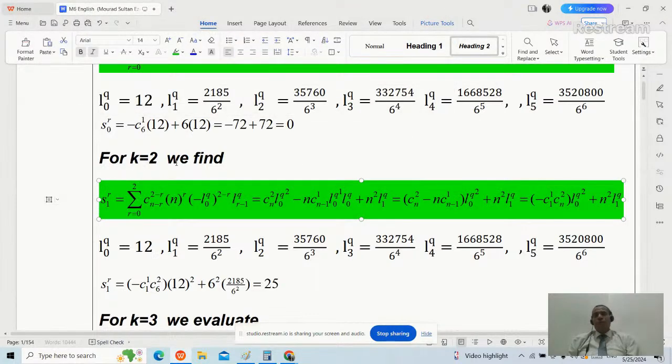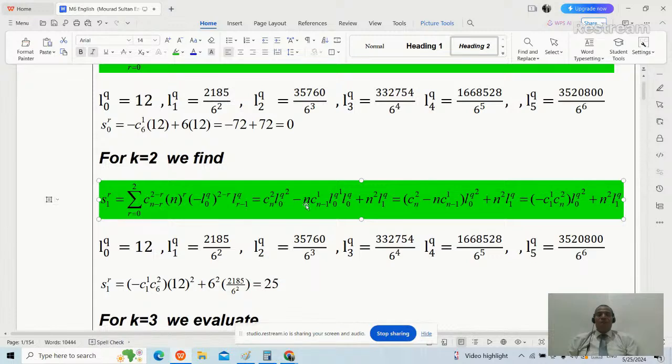Therefore, when k equals 2, it will be S1, k minus 1, k is 2. S1 of r equals the sum from 0 to 2 of combination n minus r choose 2 minus r, n raised to the power r times minus L0 of x over q raised to the power 2 minus r times L r minus 1 of x over q. Distributing the value of r, you obtain combination n choose 2 times L0 of x over q squared, because 2 minus 0 is 2, and n raised to the power 0 is 1, so no need to write it.